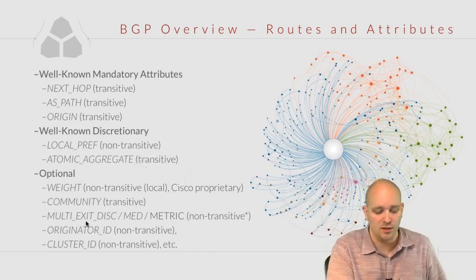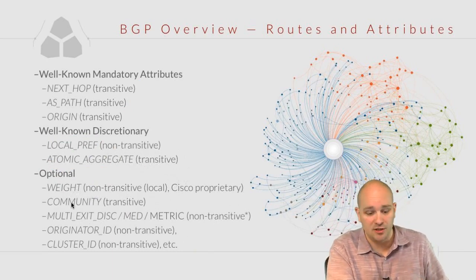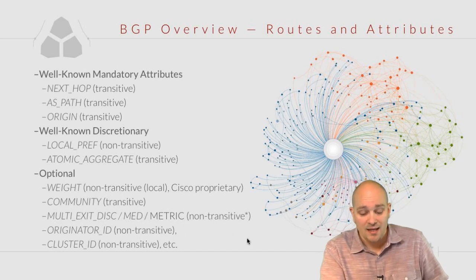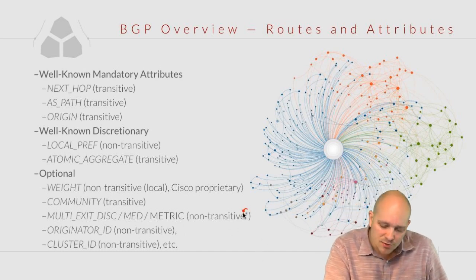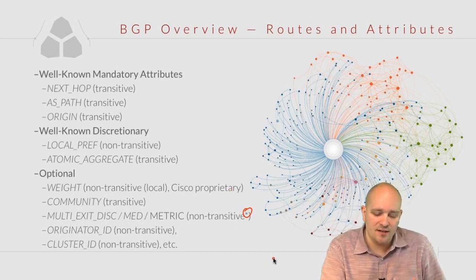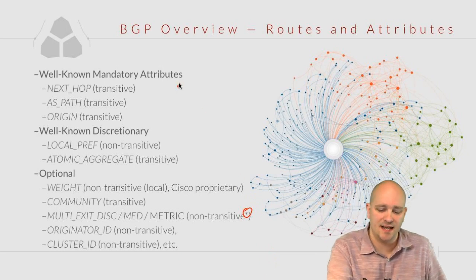Some of the optional ones are weight, which is non-transitive and local, so this is a Cisco proprietary attribute. There is the community attribute, which is transitive. Multi-exit discriminator, or the MED or metric, has many different names, and this is a non-transitive one. I used a little asterisk here to indicate that this is a very specific non-transitive attribute, in the sense that it can be set in a particular AS.